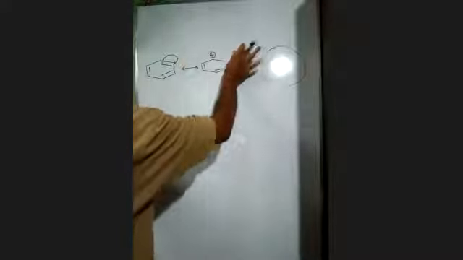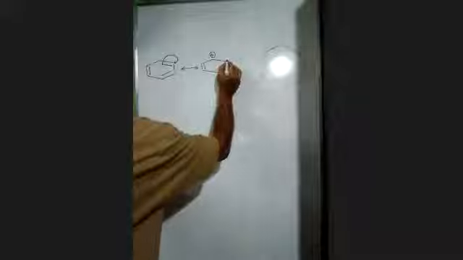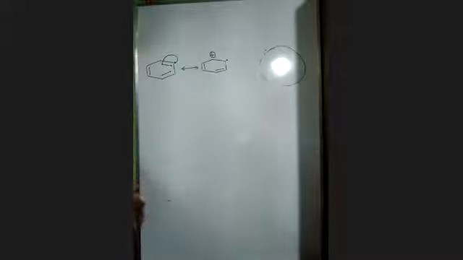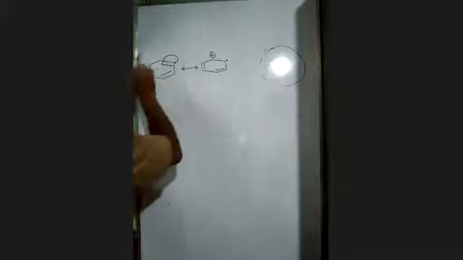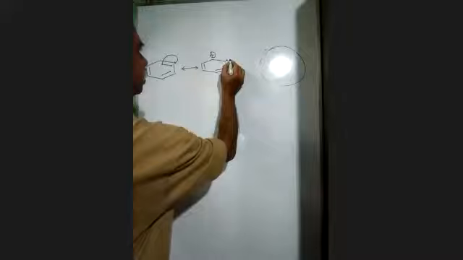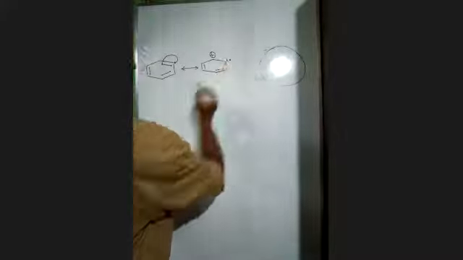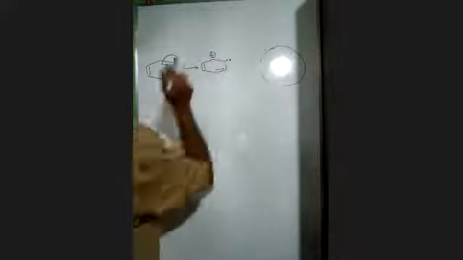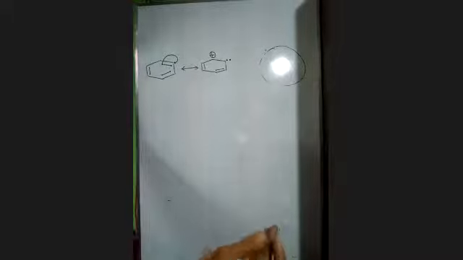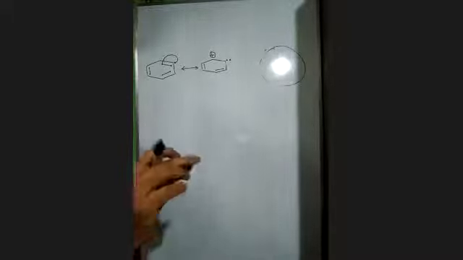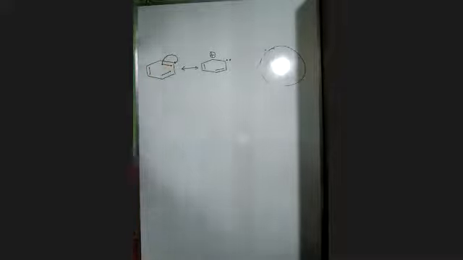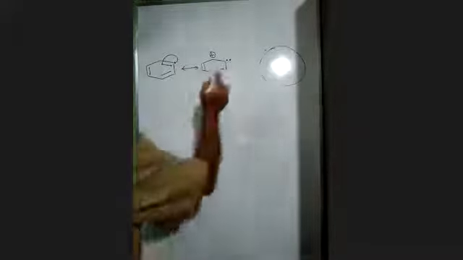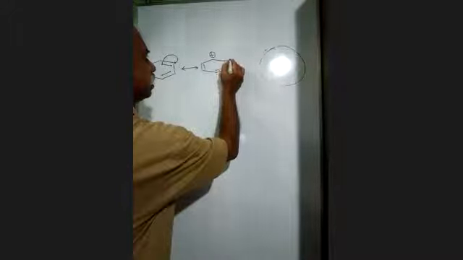Don't get nervous. This electron belongs to this carbon, so it has come here. This electron does not belong to this carbon. Whenever an electron from a neighboring atom comes, we have to show it with a negative sign. So because of that, I'm showing a negative sign.